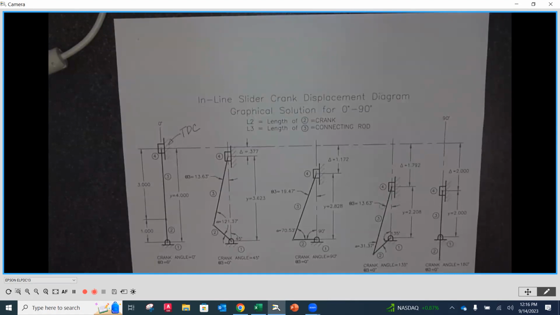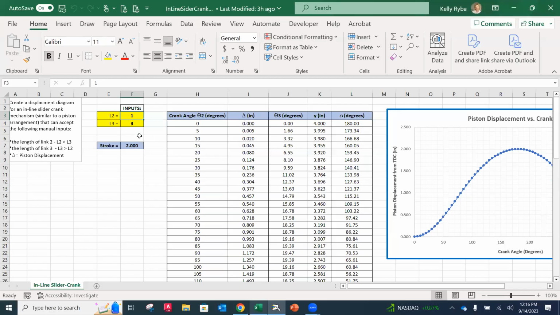But I did put a qualifier on my spreadsheet here in the instructions, if you would. And as we look here, you're going to notice that my L2 always has to be less than my L3.